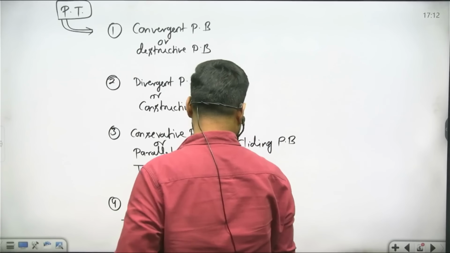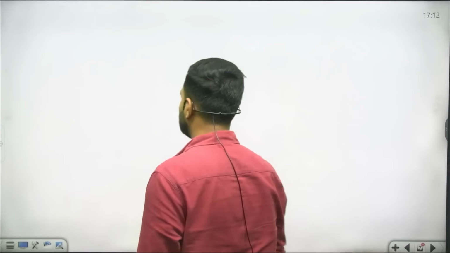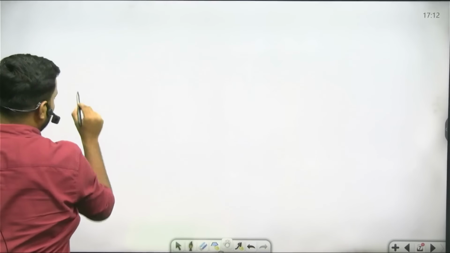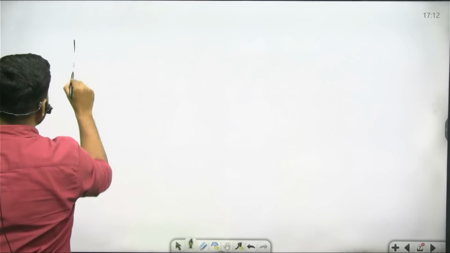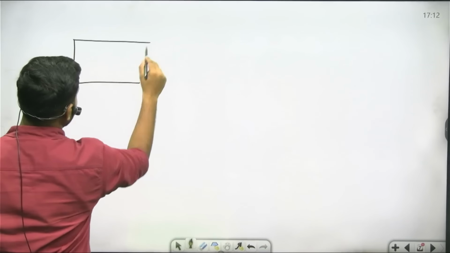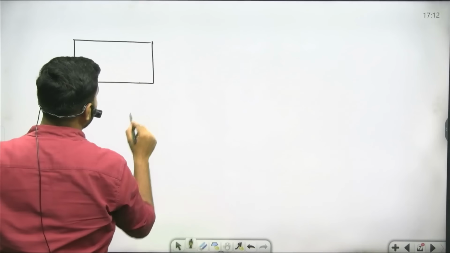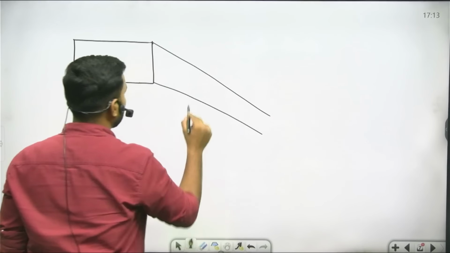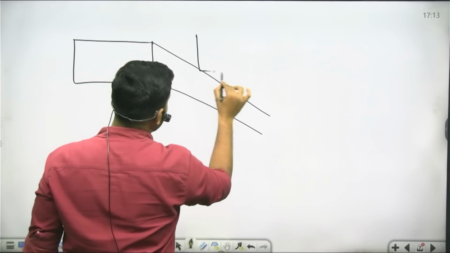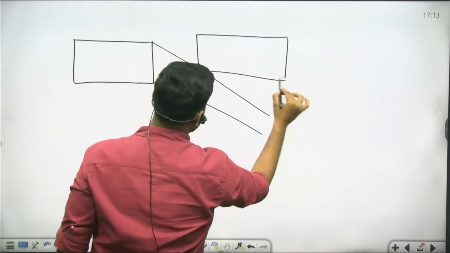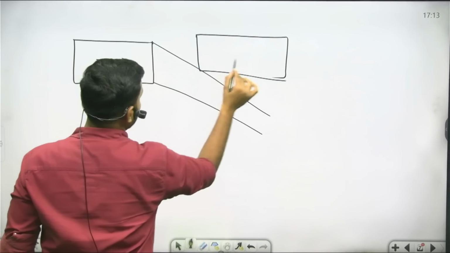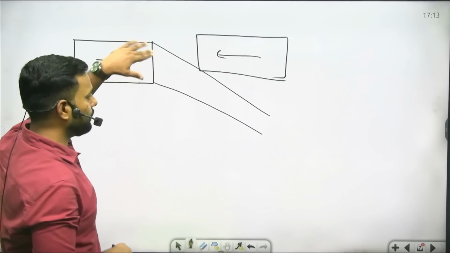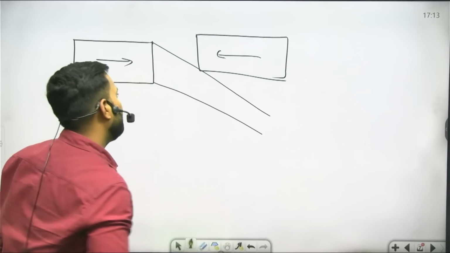The convergent plate boundary, firstly we are just going to look at the convergent plate boundary. Convergent plate boundary means when the two plates are moving in the same direction and interacting with each other, the denser one is subducted under the less dense one.